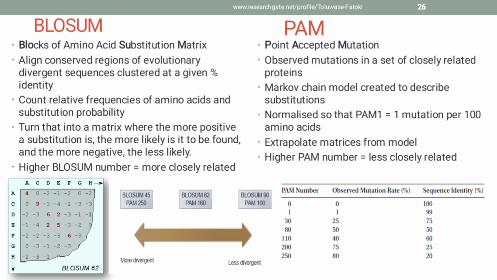But when you have multiple mutations in the set of sequences that you are considering, then you have to use a higher PAM number. When the substitutions or the differences between your proteins are very wide, very enormous, then you have to use a higher PAM number matrix.